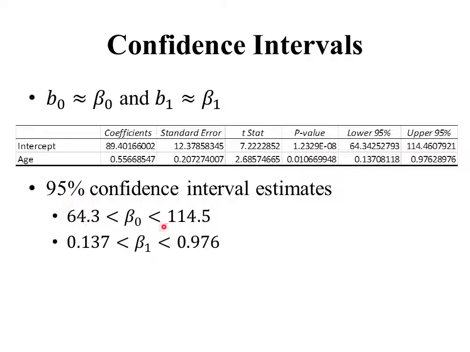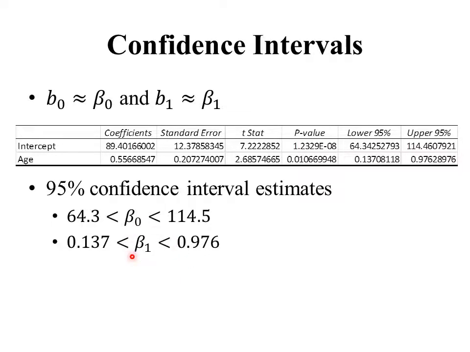Now that confidence interval honestly isn't terribly significant, but the confidence interval for beta 1 is more significant. That confidence interval is that beta 1 is somewhere between 0.137 and 0.976.